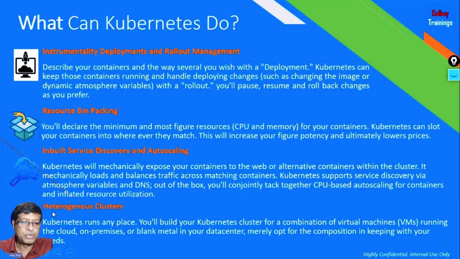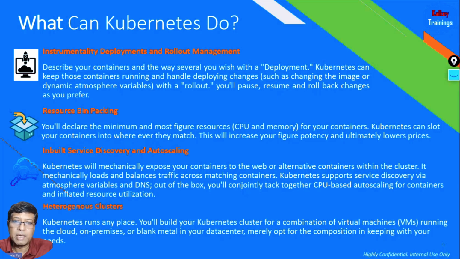So there is also support for heterogeneous clusters. That is within your cluster, where you are the master of that cluster. But if you are trying to combine virtual machines running in the cloud or on premises, there can be a hybrid cloud. So there is a mixture of clouds, or between the clouds you can have an AWS cloud or an Azure cloud or a GCP cloud.